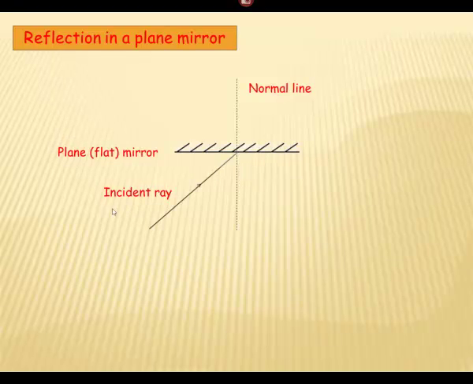Well, coming in, we're going to have what's called an incident ray. Now, this is the ray that's coming in towards the mirror from an object. So the object could be down here somewhere, and the incident ray is a ray of light that will come in and strike the mirror at this point here. This angle here between the incident ray and the normal is called the incident angle.